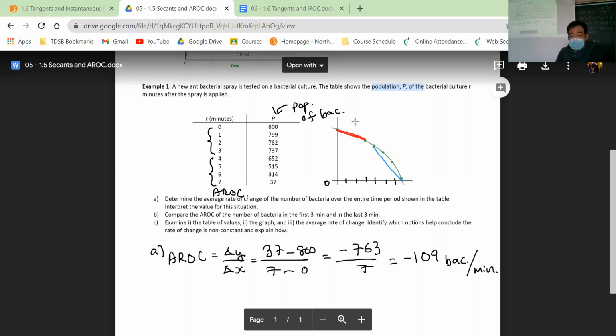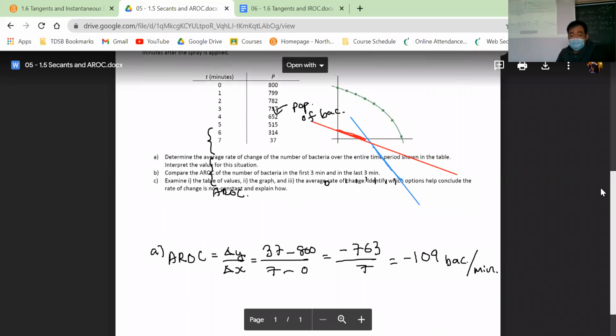If I were to extend it, I'm basically looking at the slope of this line versus the slope of that line. I need some space, so I'm going to move this up.